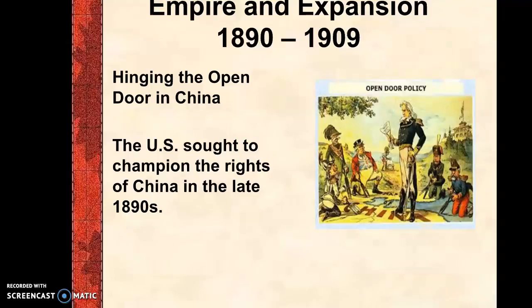The United States issued a statement to the world under Secretary of State John Hay, in which he stated that China should have an open door to all countries. The United States was in no position really to enforce this so-called open door policy, but it showed that the United States was becoming more involved and saw itself as a major player in world affairs. Next slide.